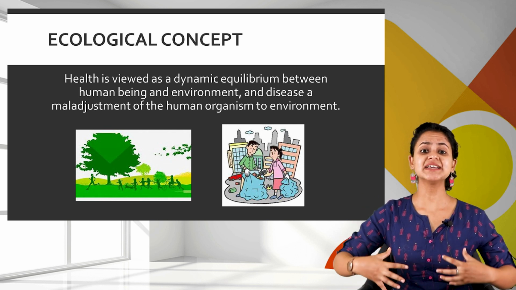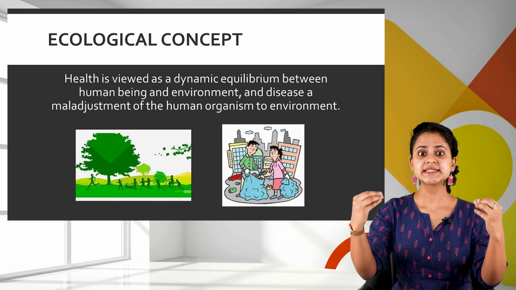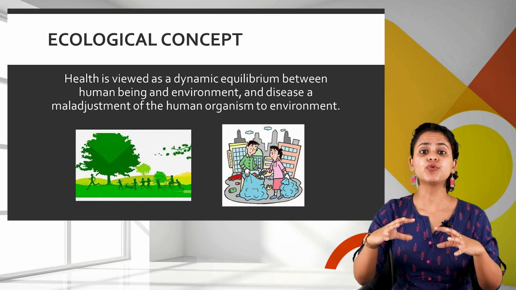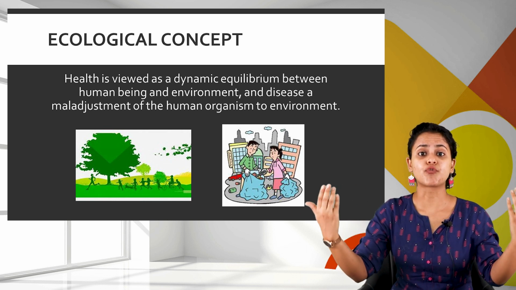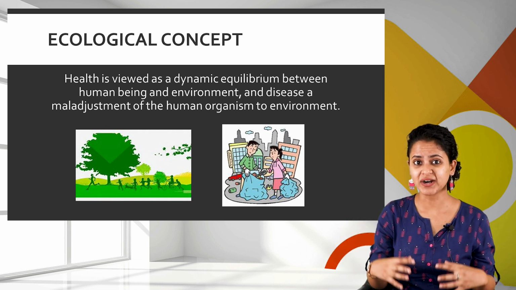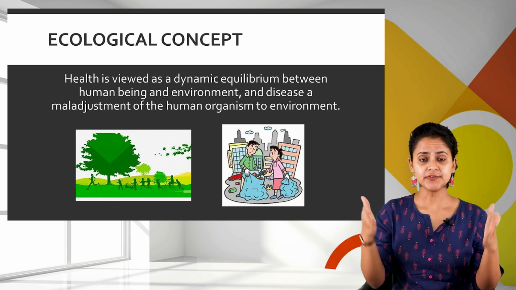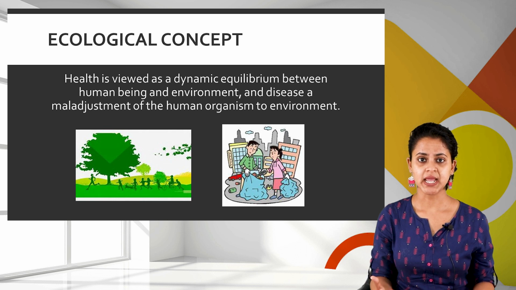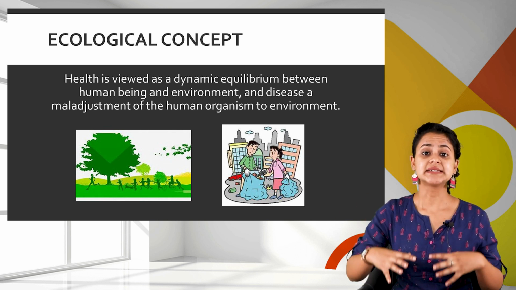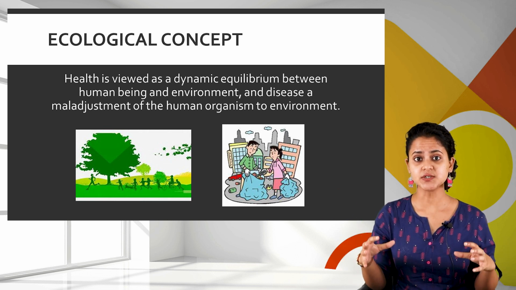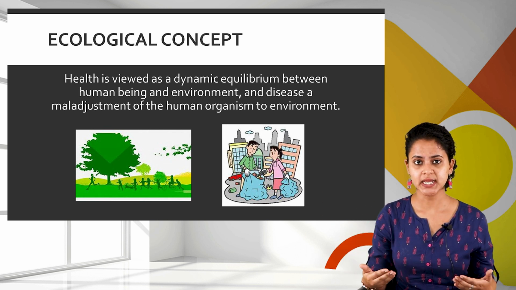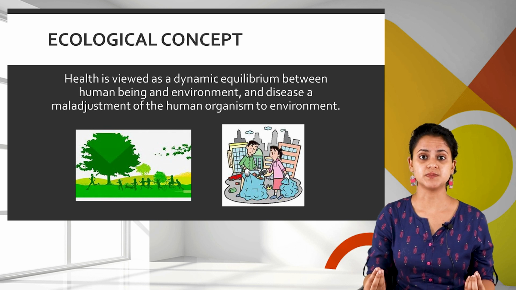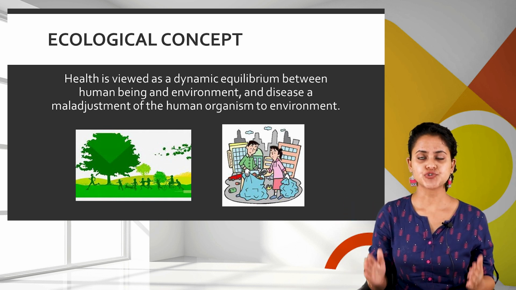If an individual maintains equilibrium with their environment, whether internal or external, the person is healthy. Whereas a disease condition causes a maladjustment of the human organism to the environment. I hope you are clear.